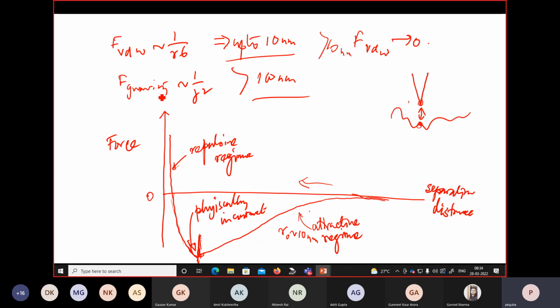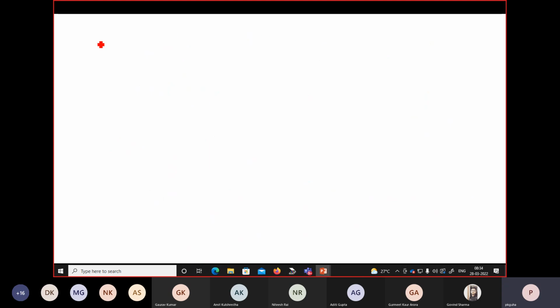Okay, now this curve can be modeled by Lennard-Jones. This is modeled by Lennard-Jones, or LJ, it is also known as LJ potential.